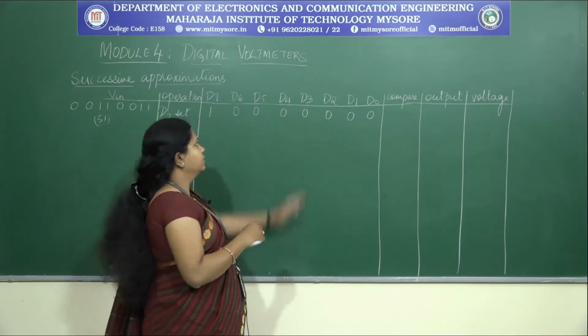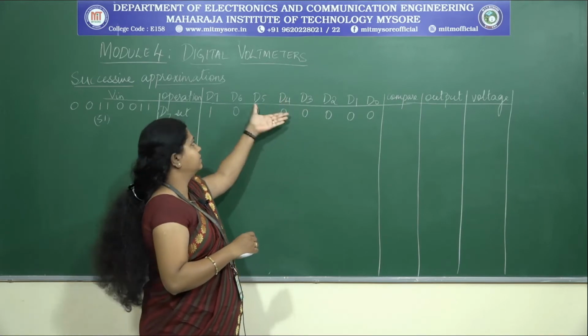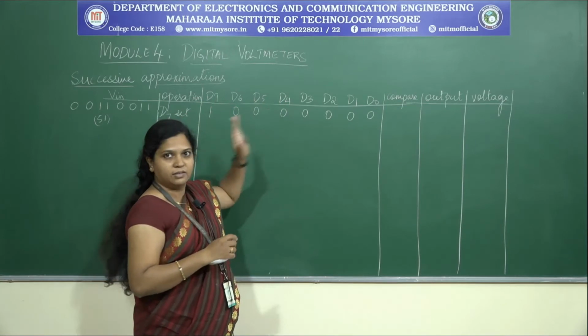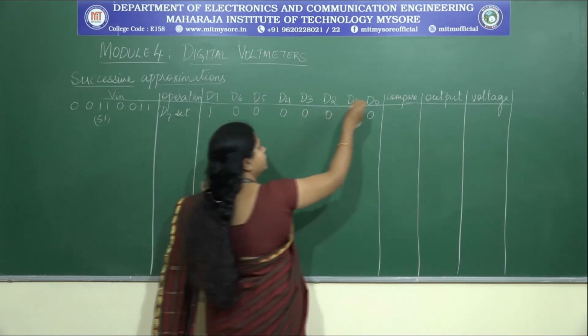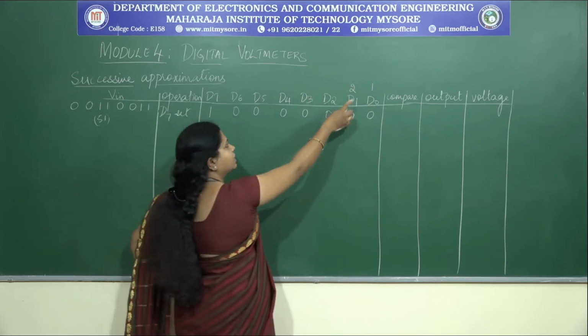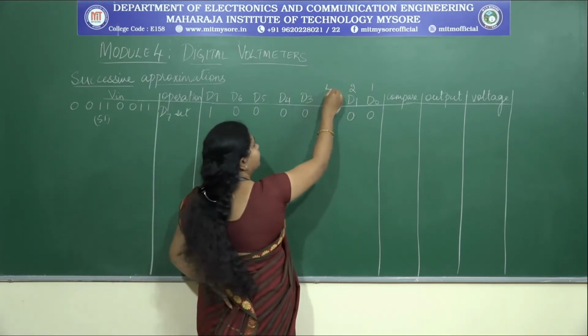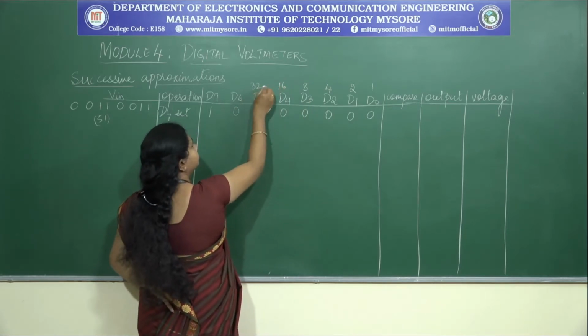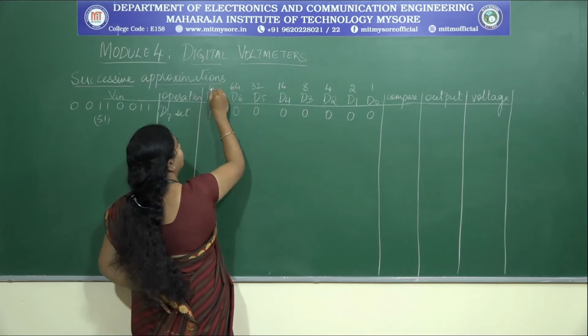So, let us write the powers for this, the weighted codes for these different 8-bit symbols. Okay. So, 2 to the power of 0 represents 1, 2 to the power of 1 is 2, 4, 8, 16, 32, 64, 128.